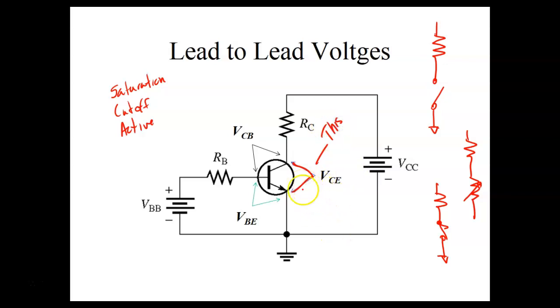If I measure less than 1 volt across the transistor, collector to emitter, then we're saturated. If I measure VCC, if VCE equals VCC, then the transistor's cut off.